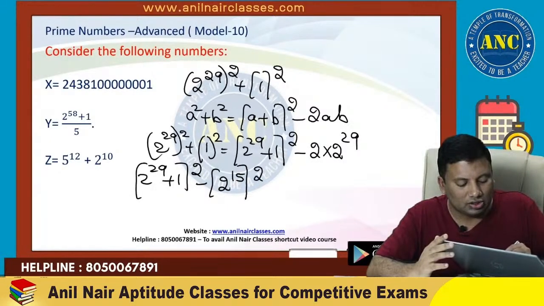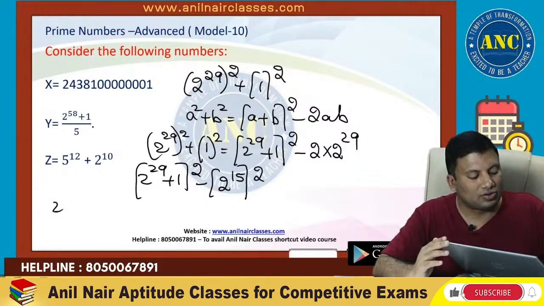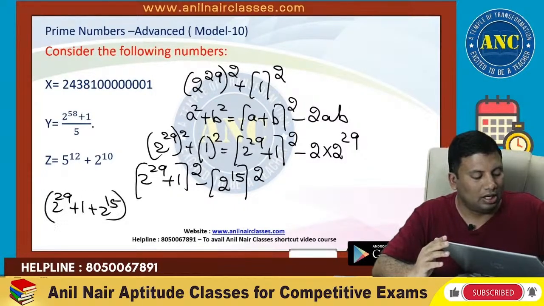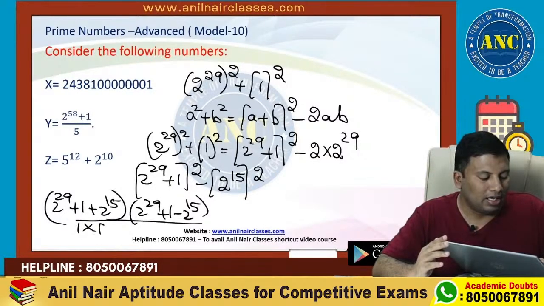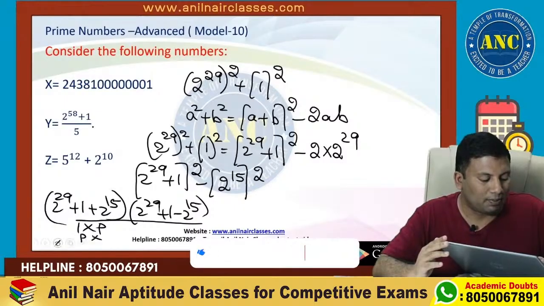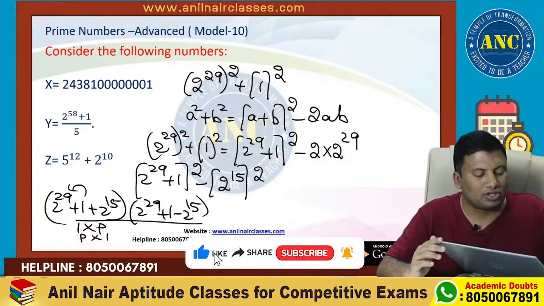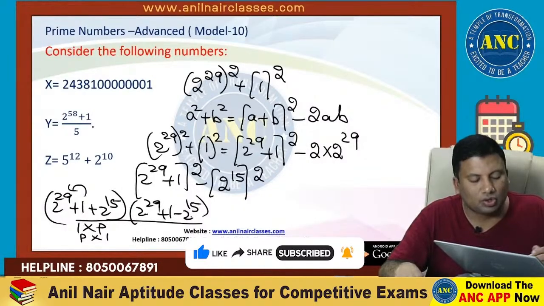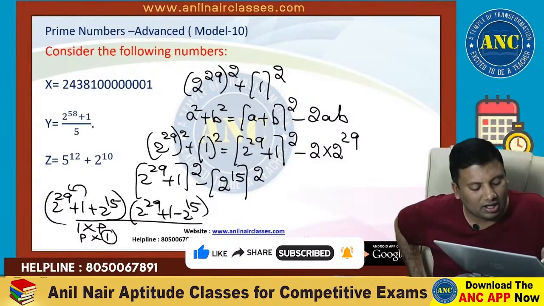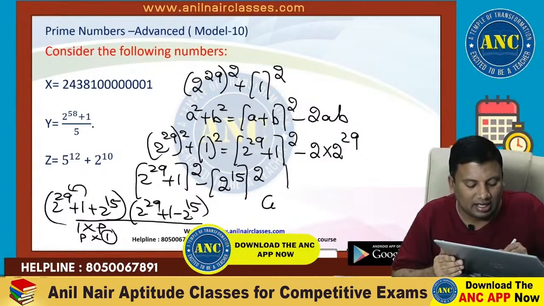So it is (2^15)^2. a^2 - b^2 is (a + b)(a - b). For it to be a prime number, either it should be 1 into p or p into 1. 1 plus positive is greater than 1. 2^15 is very small, it cannot be 1. So the answer is, it is composite.